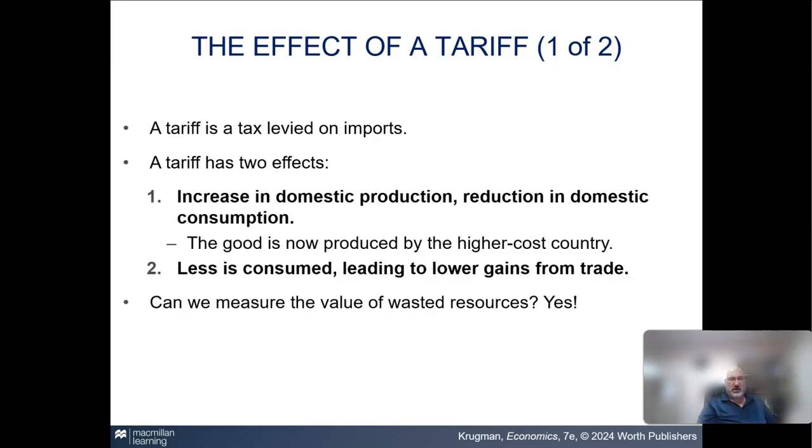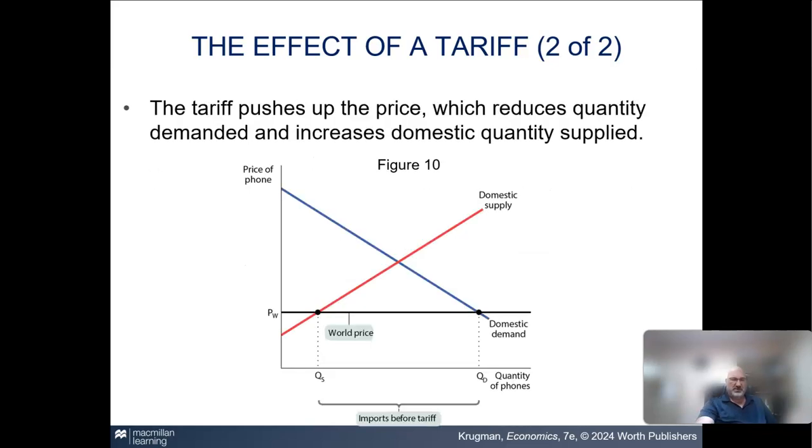Two effects. One, it increases domestic production, with a reduction in domestic consumption. So goods are now produced by a higher cost country. And two, less is consumed, so we get less gains from trade. Can we measure the wasted resources? We're economists, we do a lot of math. So yeah, we can.